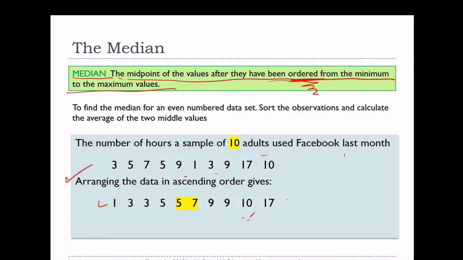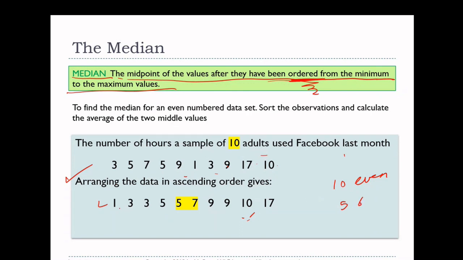Here my data is 10 numbers, so it is an even count. The number in the middle would be number 5, because 10 divided by 2 is 5, or number 6.